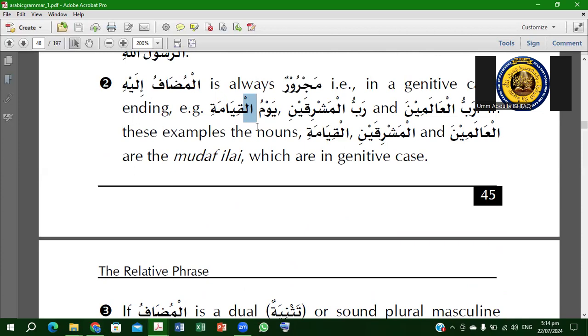The other thing, this is with halate jar. Can you see halate jar? This is always in halate jar. Mudaf ilayhi will always be in halate jar, but mudaf can be in halate rafa, nasab, jar, in any form. Okay.